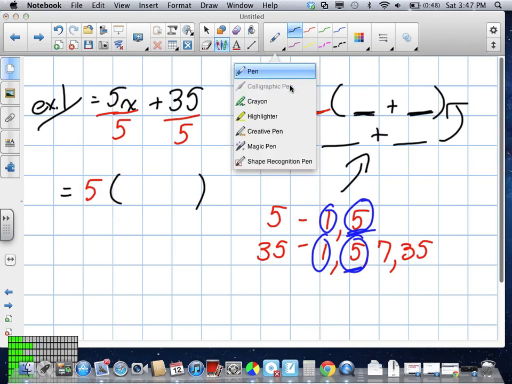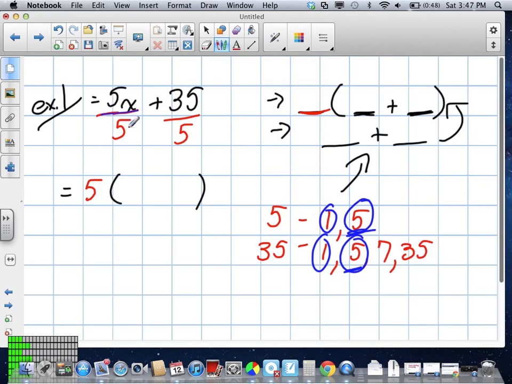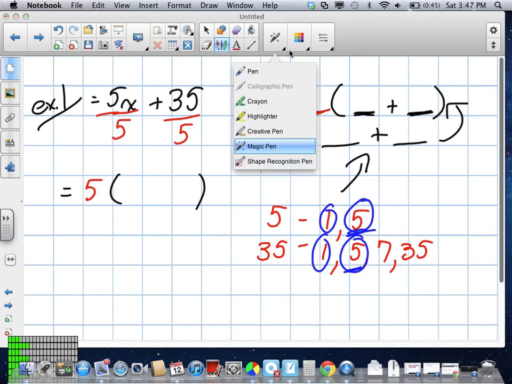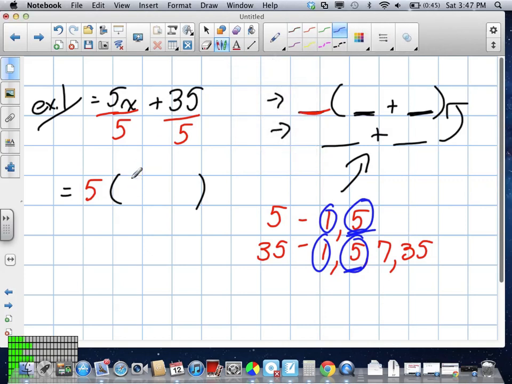So we divide 5x divided by 5. What's 5 divided by 5? It's 1. So our number is 1. Technically, it's 1, and then the x stays, so it's 1x.